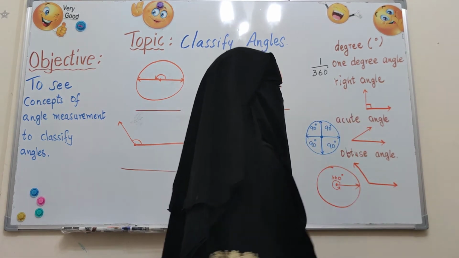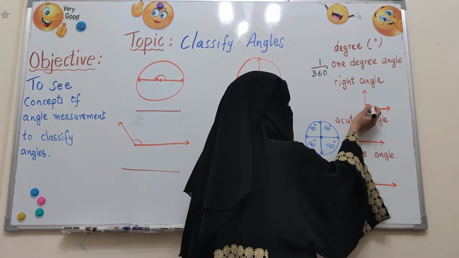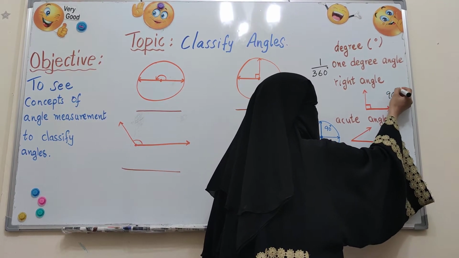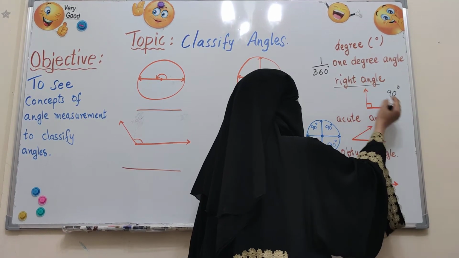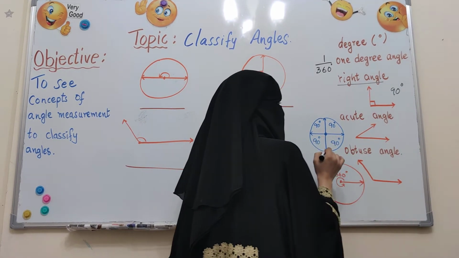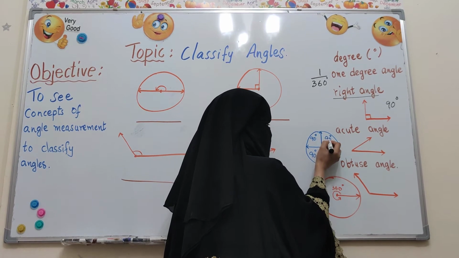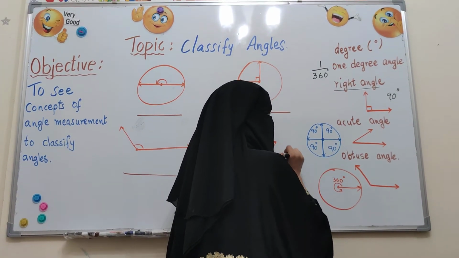It is represented with this symbol. If you see this symbol, a square corner, that means this is called a right angle, which is a measure of 90 degrees. This is making a right angle.